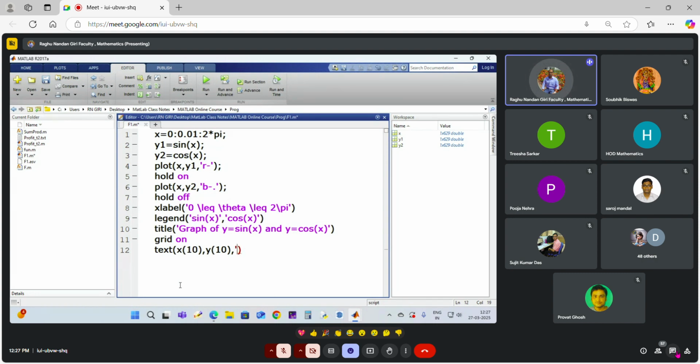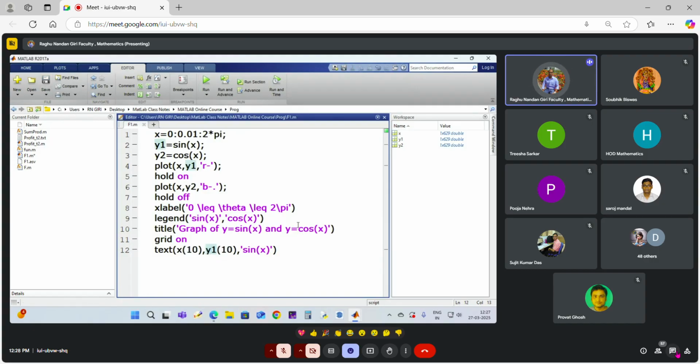There I want to place the message, suppose sin x, at the point x10, y10. x10 y10 means the x, y point on the graph.